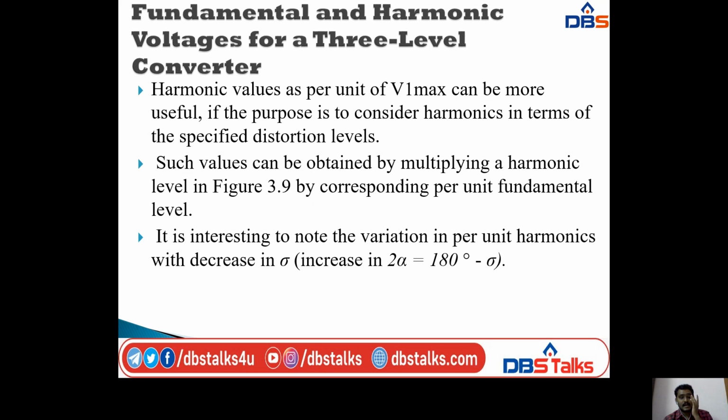Next, harmonic values as per unit of V1 maximum can be more useful if the purpose is to consider harmonics in terms of the specified distortion levels. That's why here I am taking harmonic values as per unit of V1 maximum. V1 maximum is equal to root 2 by pi into Vd, that is equal to 1 per unit.